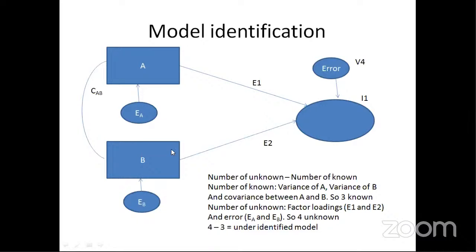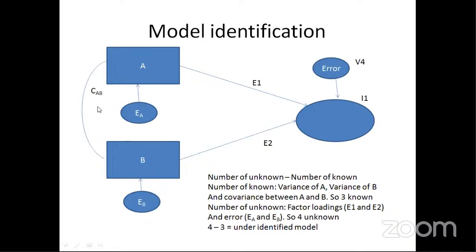By doing so, we are making a model, and the residual error of the entire model is V4. So there is a difference between this error and this error. This is the error of the entire model, and this is the error of the individual variable.